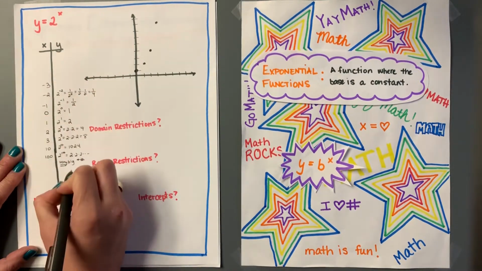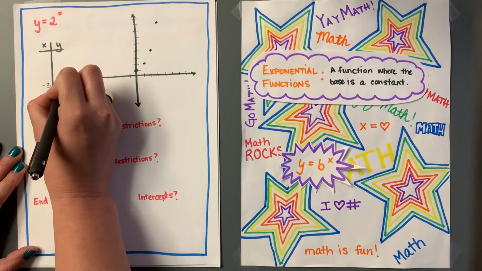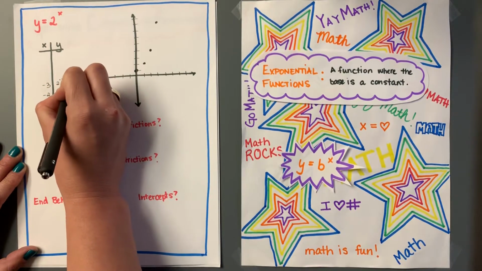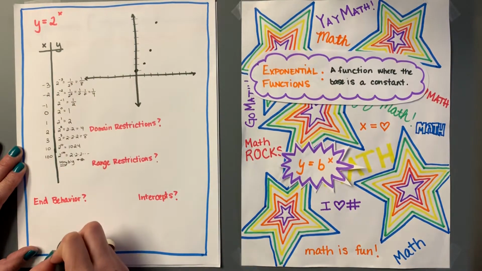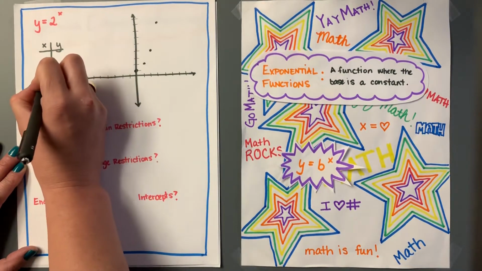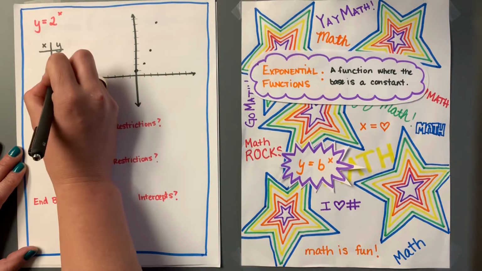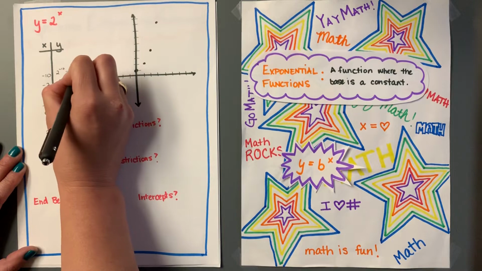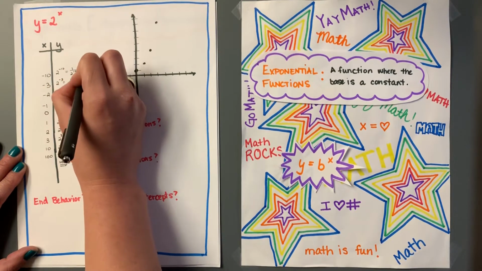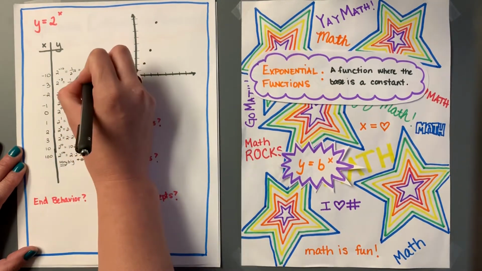If I plug in -3, I'll have 2 to the -3, which is 1 over 2 cubed, and we know 2 cubed is 8, so that is 1 over 8. So if I plug in negative 10, I have 2 to the negative 10, 1 over 2 to the 10, that is 1 over 1024.